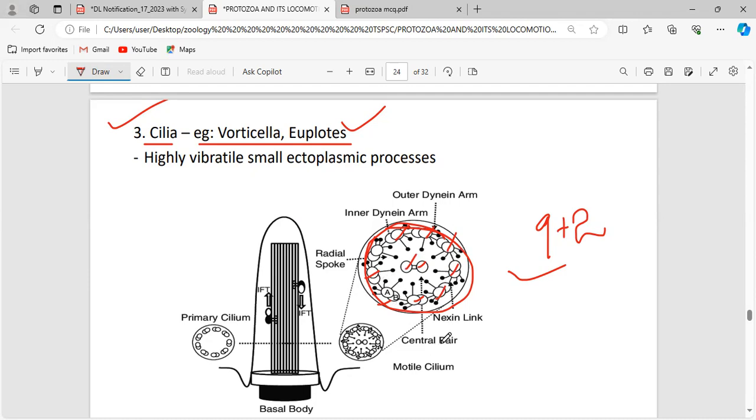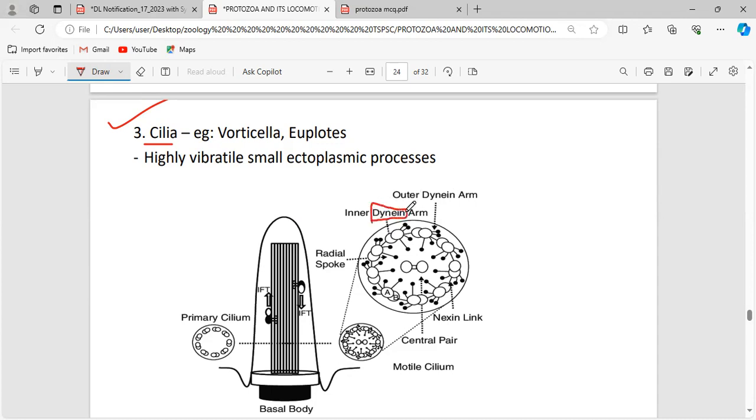There are different rings present here, and one of the most important things, as I said before, is that these microtubules are associated with motor proteins. The movement is always caused by the motor proteins of the microtubules. The name of the motor protein which helps in the movement of the microtubule is dynein.